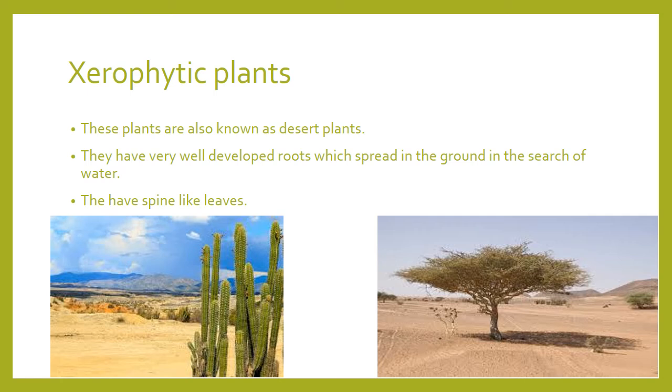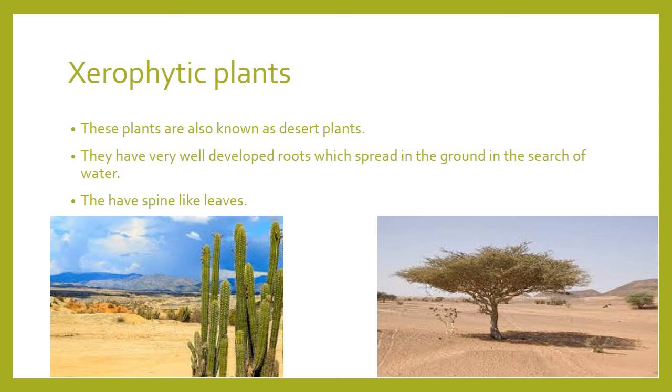These plants have a very well developed root system, and the roots spread in the ground in search of water. For the photosynthesis process, roots have to absorb water and minerals from the soil.